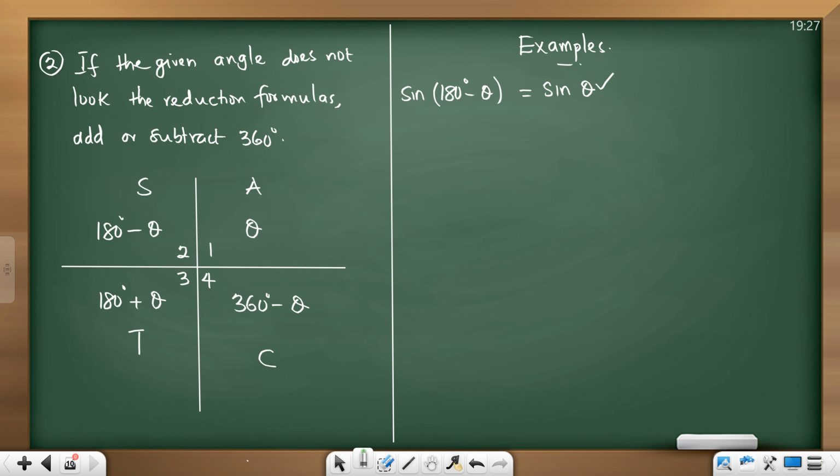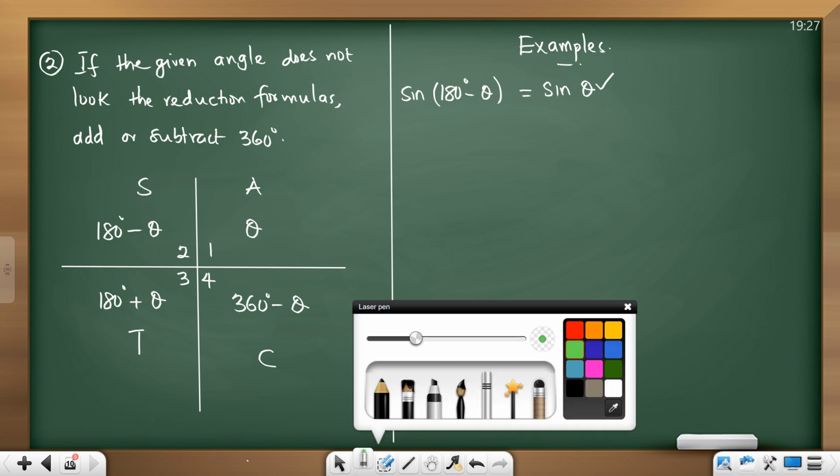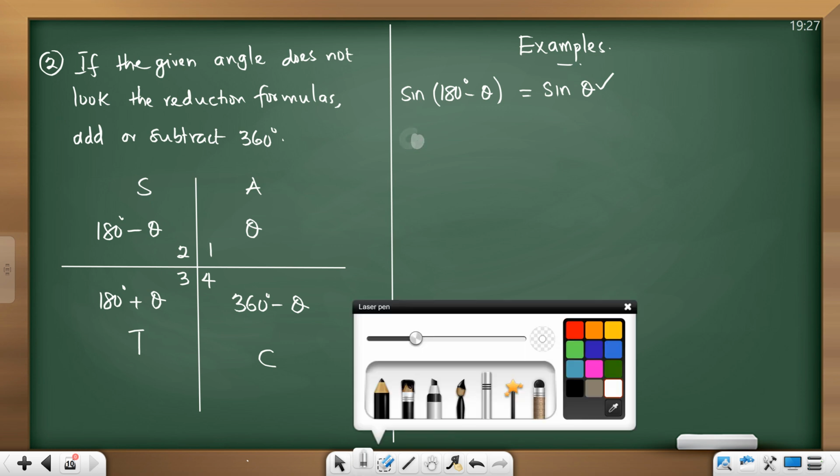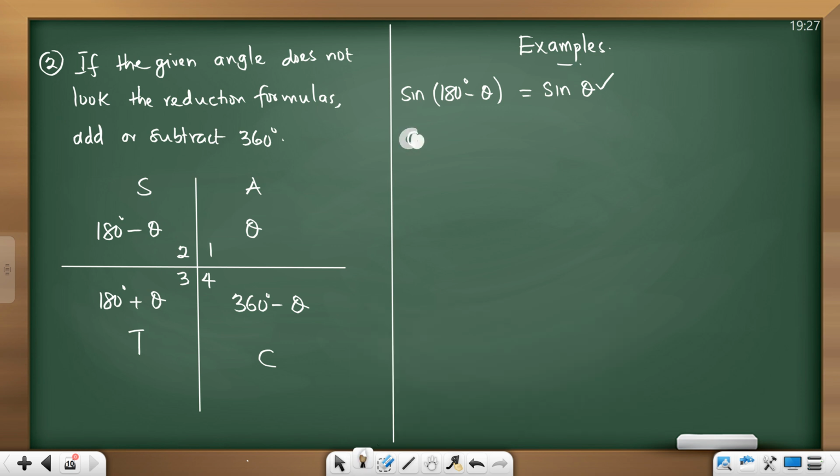Can you see I'm using 2 different ways to get my answer? Let's try this together, everybody. Cos of 180 minus theta. Because I am in the second quadrant, cos is negative. Negative cos theta, right?